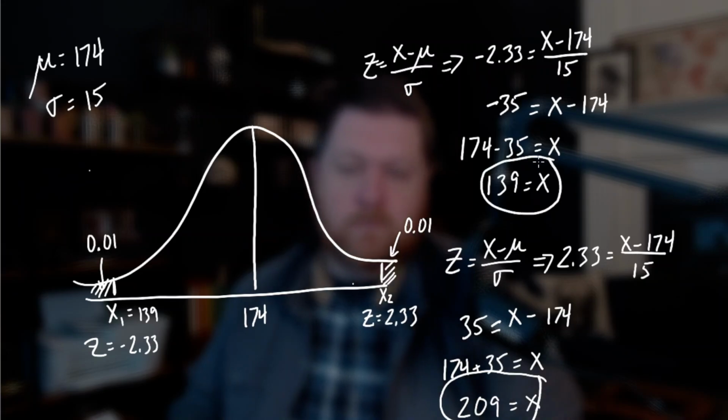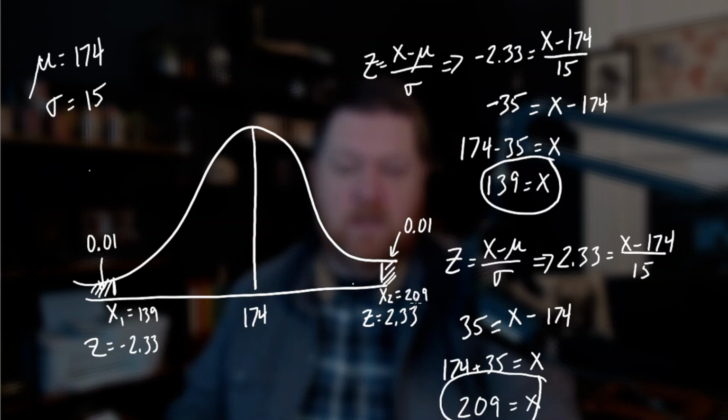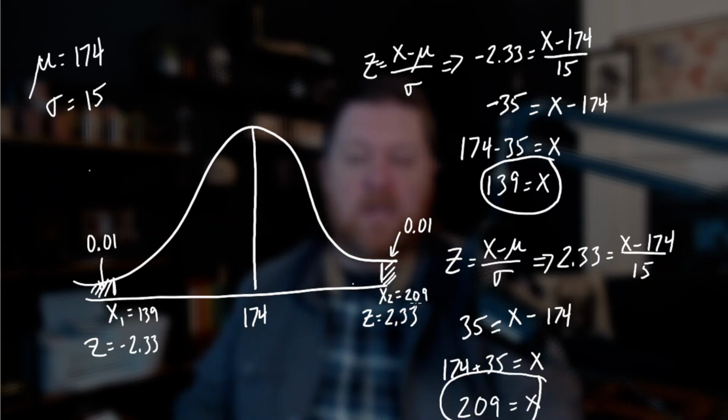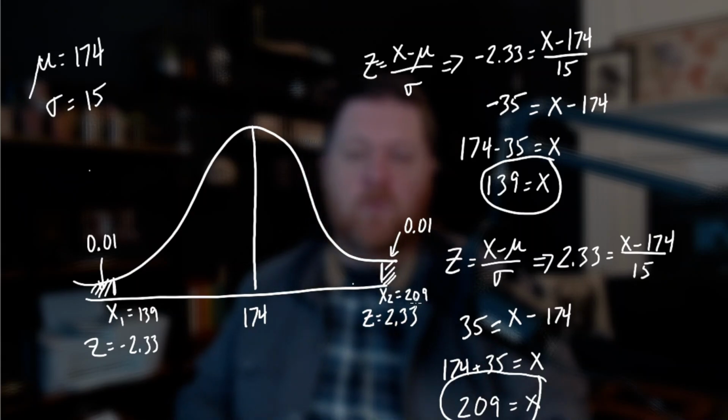There's the other answer. Let me write that on here. The top 1% watches 209 minutes or more. The bottom 1% watches 139 minutes or less. So again, this is sometimes referred to as the normal inverse, right?